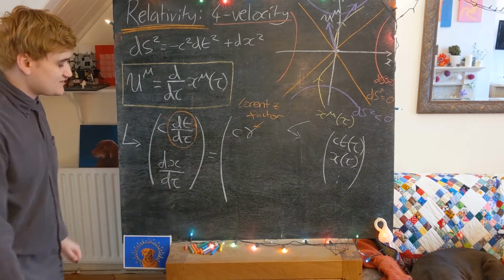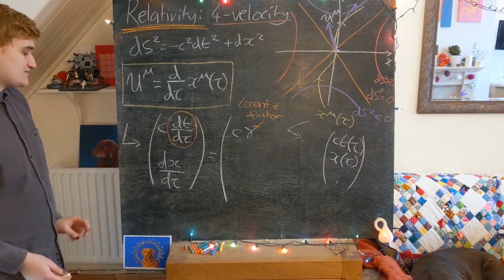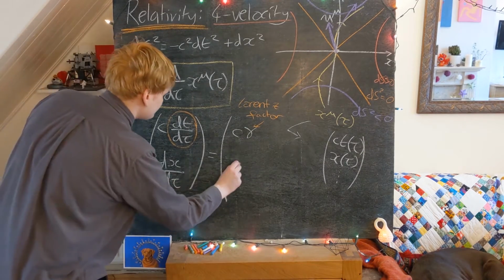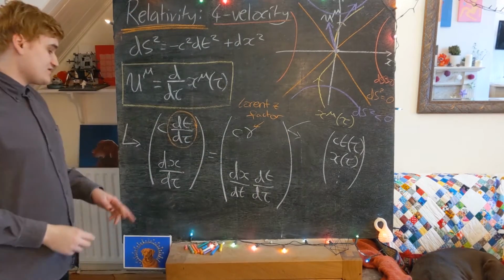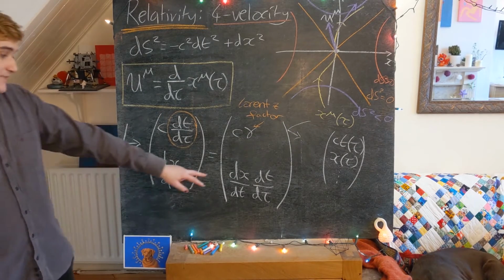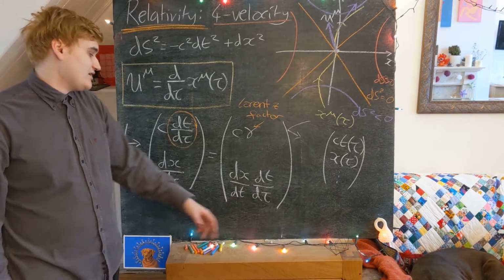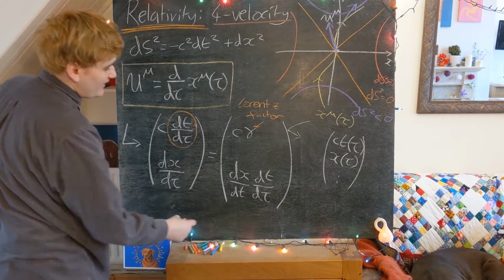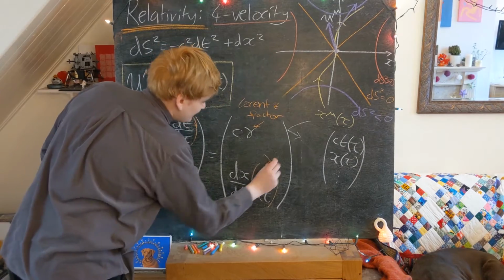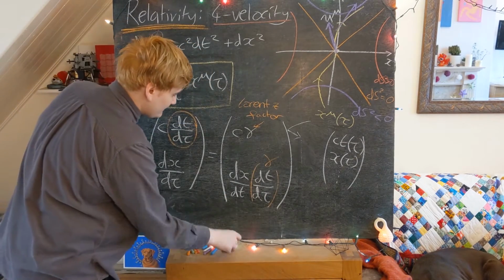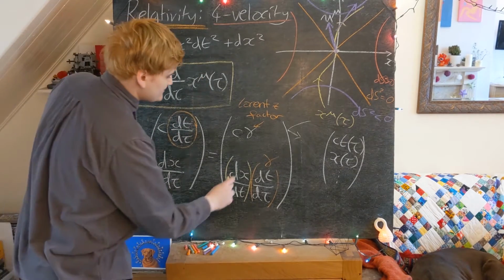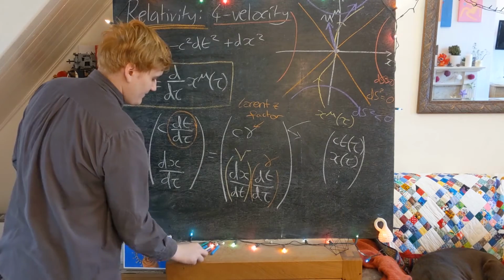It doesn't look too interesting by itself, but if we use the chain rule to rewrite dx by d tau as dx by dt, dt by d tau, we can identify that this is the Lorentz factor, and this dx by dt is what's known as the coordinate velocity v.